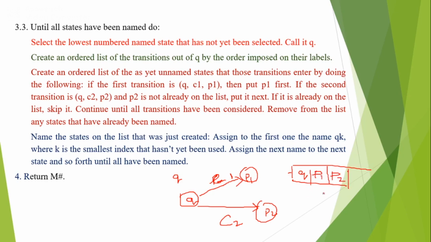Once you have listed all the states, you can assign the names. First you assign QK, next QK+1, next QK+2, and so on. This is how you can name them.